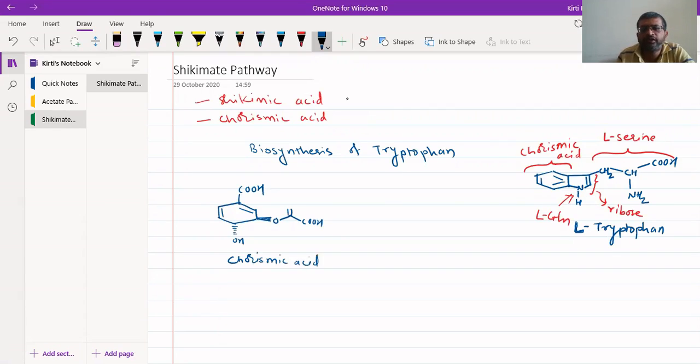This chorismic acid undergoes reaction in presence of glutamine, so that this glutamine will be donating an amine group to the chorismic acid.